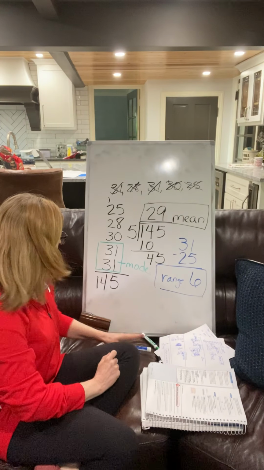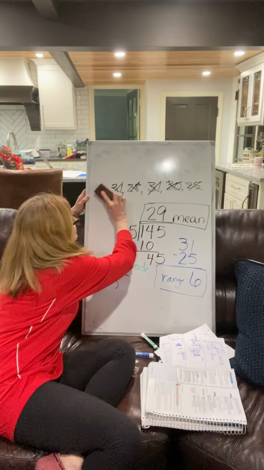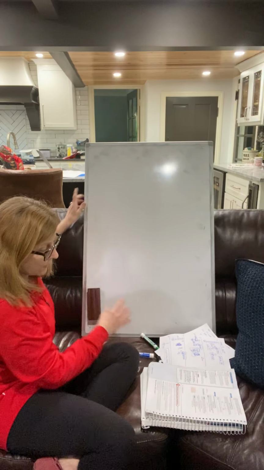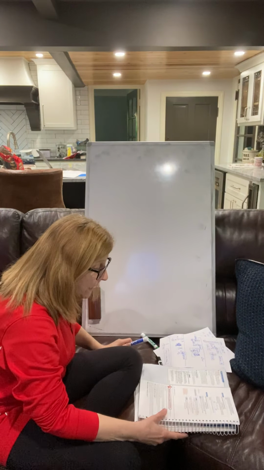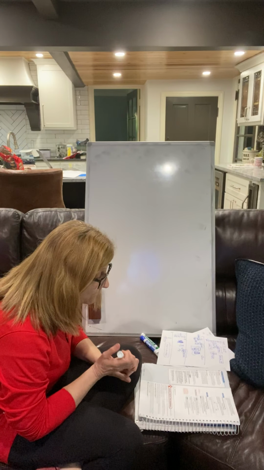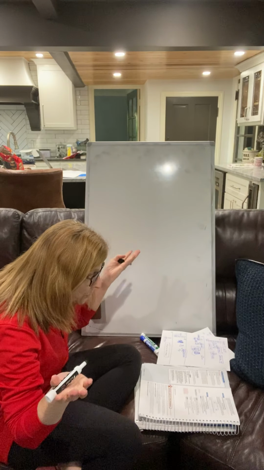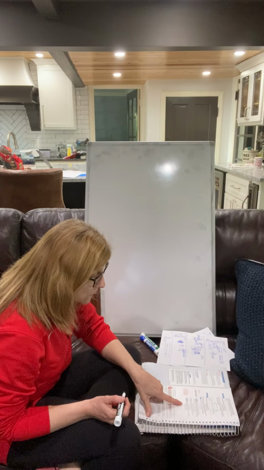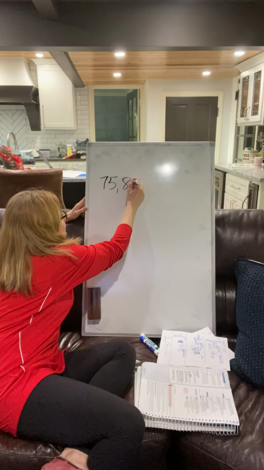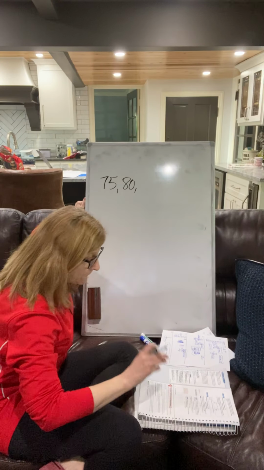Let's look at C. Okay, so C says, find the median of the test scores shown below. Explain how you found your answer. So we're just finding the median. The first thing we've got to do is list them from least to greatest. I'm going to go ahead and copy the problem because I really like being able to mark off as I'm doing them.